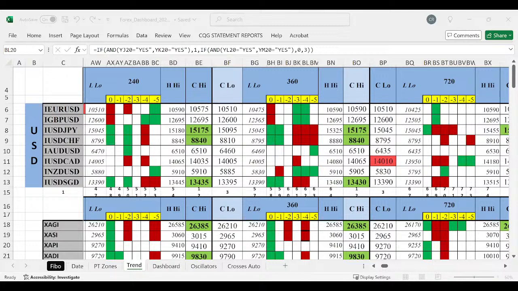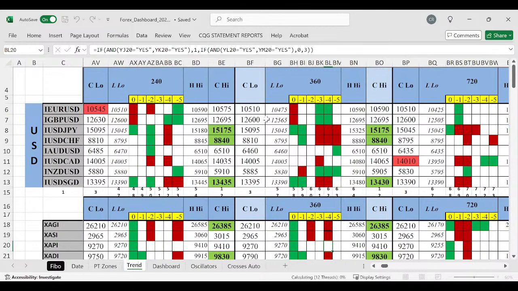But the only thing is, with pound, the weakness is much lower compared to euro dollar, because I think euro is more weak. And here we see where is the benchmark level. The benchmark level should be 126, which is our 360 low, which is here, if you can see.